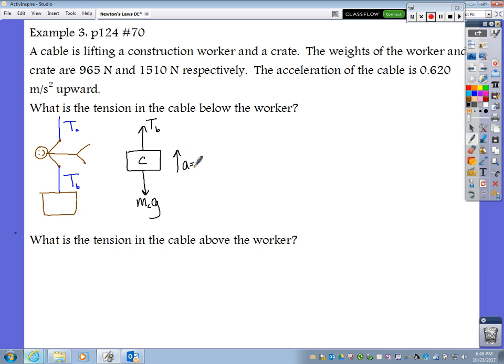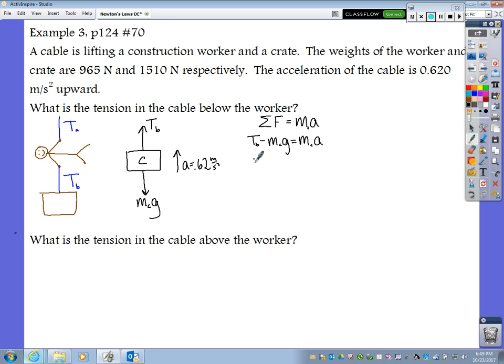A is 0.62 meters per second squared. We don't have any forces in the horizontal direction, so I'm just looking at the forces in the vertical direction. We've got T sub B up minus mass of the crate times G equals mass of the crate times A.